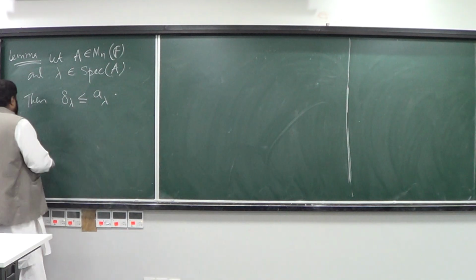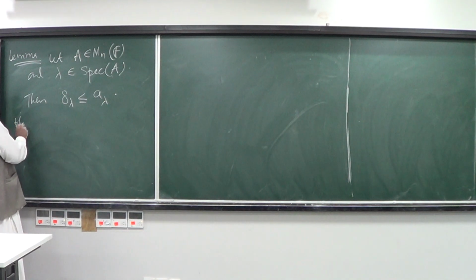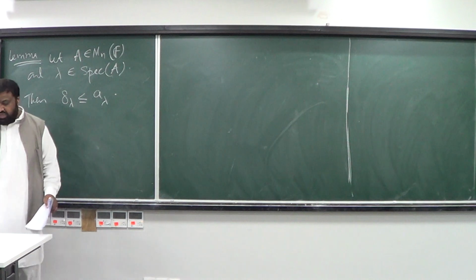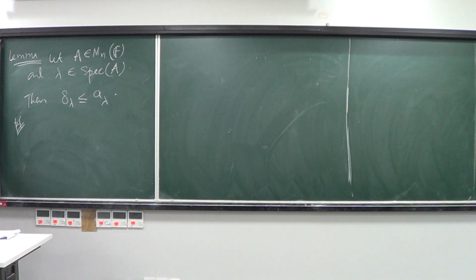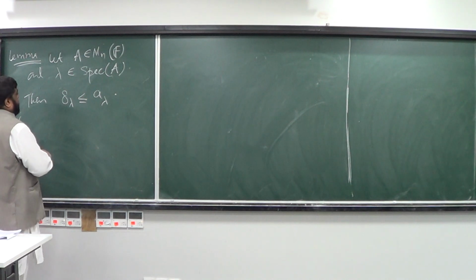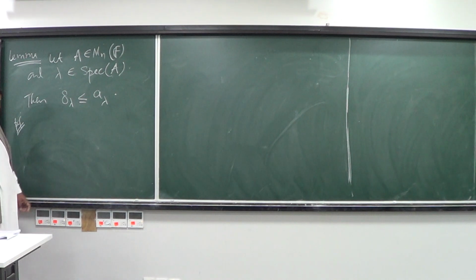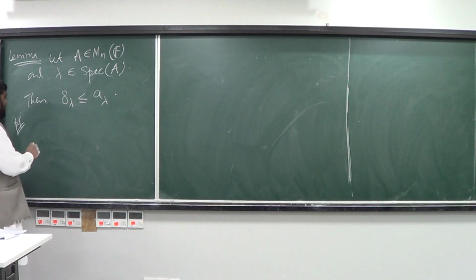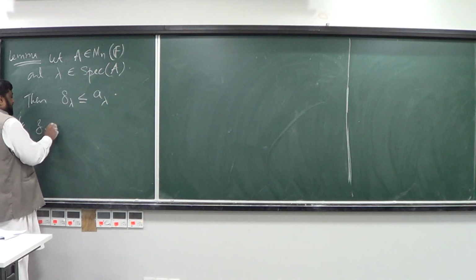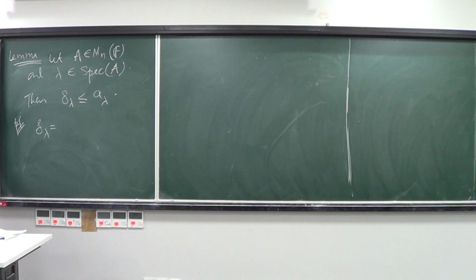So this is what I would like to use. The proof is a bit involved. It's not difficult actually, but you have to be a little bit patient. So the proof goes like this. What is the geometric multiplicity associated with lambda?